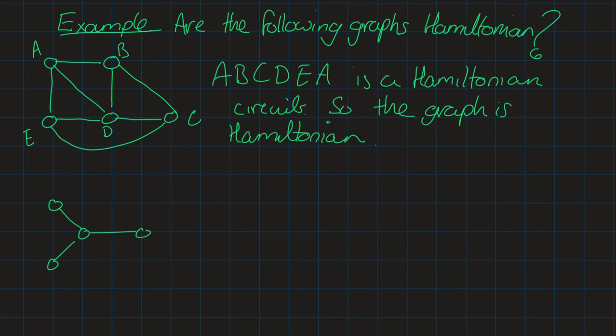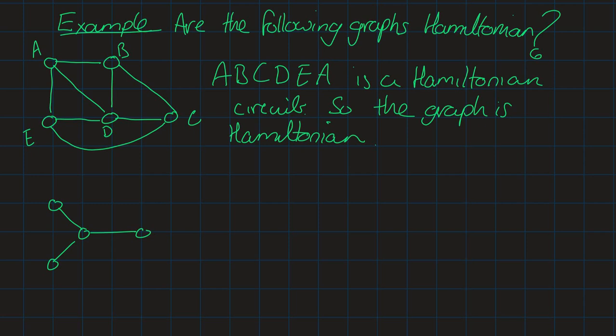I start at A, I travel to all the vertices, and then I end back at A. And obviously, this isn't the only Hamiltonian circuit. There's lots. I could do something like that. That's also a perfectly valid Hamiltonian circuit. So this graph is definitely Hamiltonian, and in fact, it has many different Hamiltonian circuits.